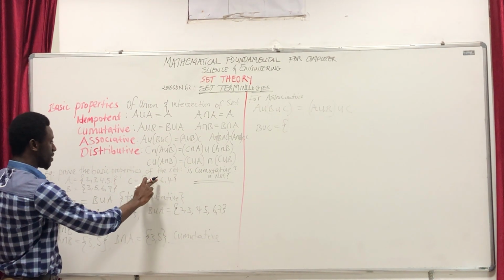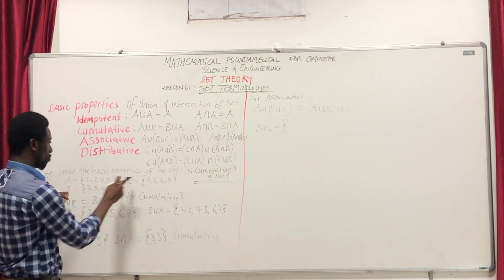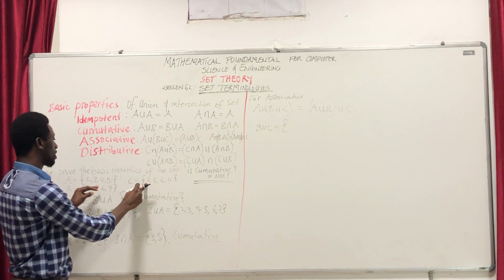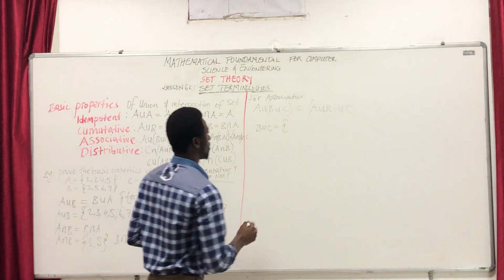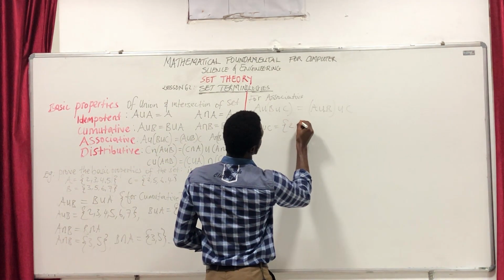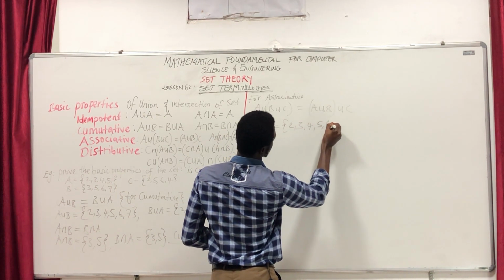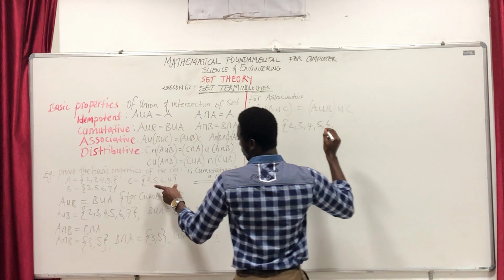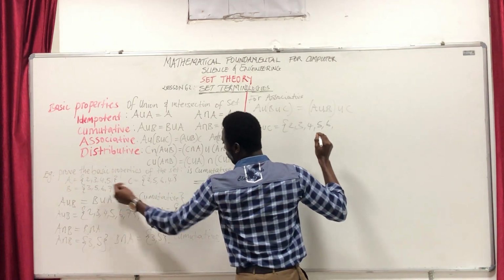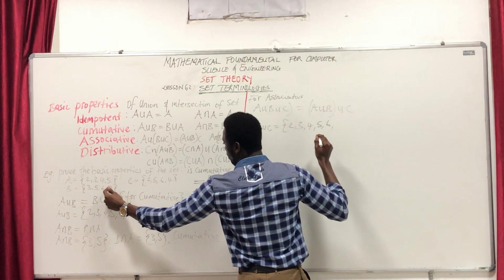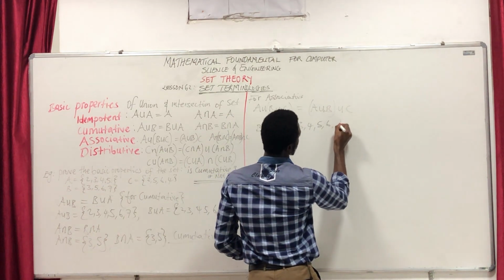We take all the elements in B and C. So we have 2, 3, 4, 5, 6, and 7.